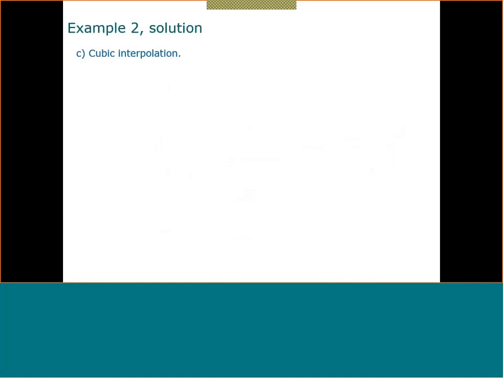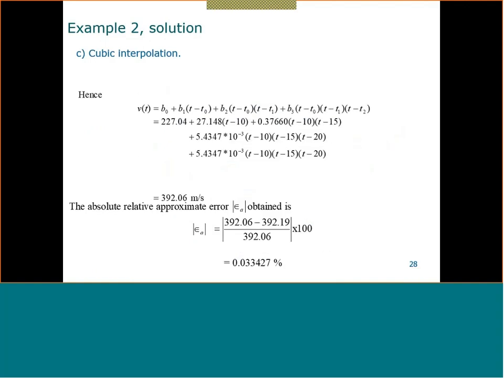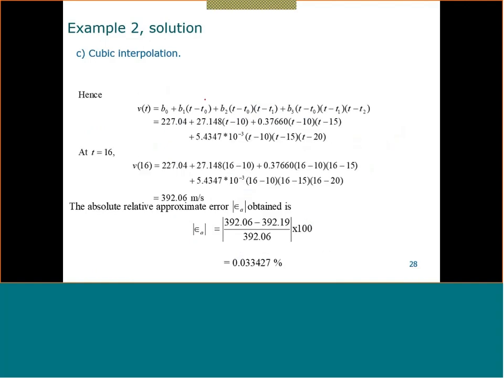Now everything is settled. I have all the constants here. So now here is my V of t. Now this is my t0, which is 10, and this is 15, and this is 20. So we have everything. Now in one shot, this is my equation, or here it is with everything I calculated.